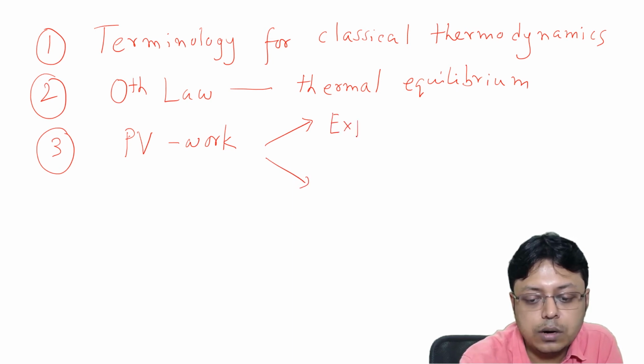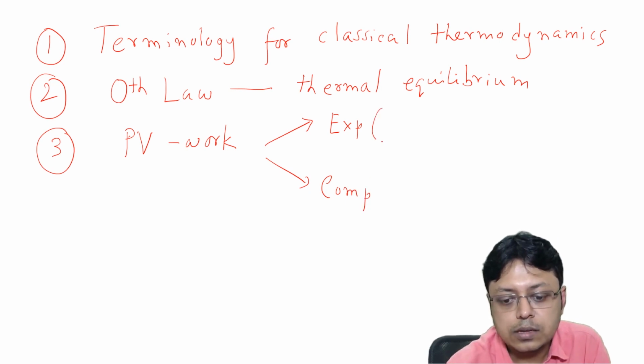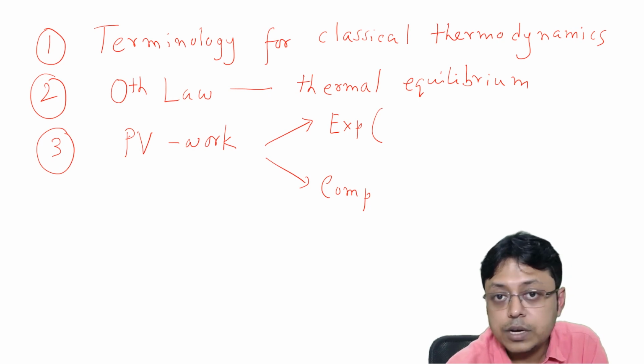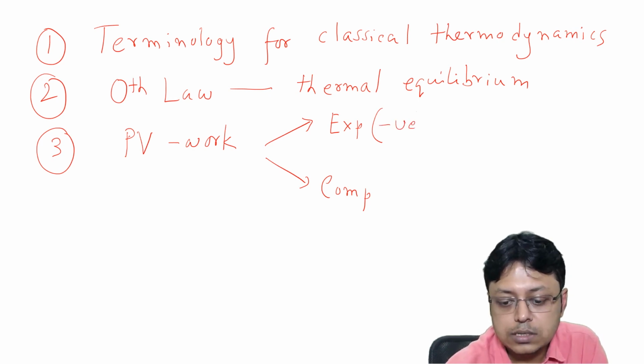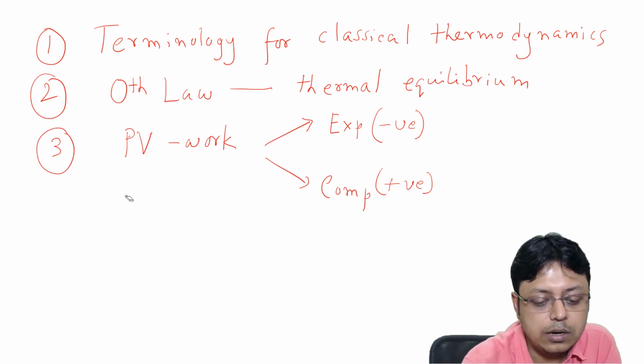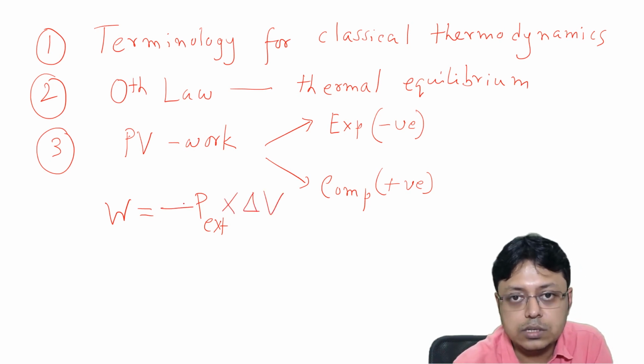So the expansion work, remember that here the system works, so by convention we call it a negative work, and for the compression work, the work is done on the system, we are taking it to be positive, and for that we defined the work done as minus P external multiplied by the change in volume. If this volume change is finite, we use delta V.